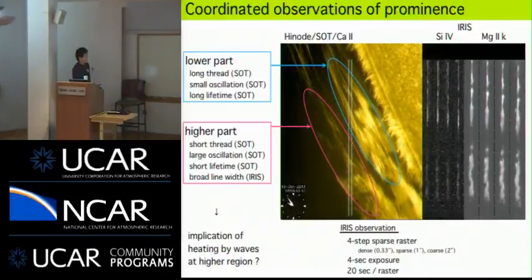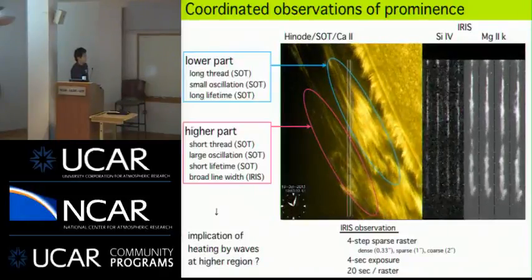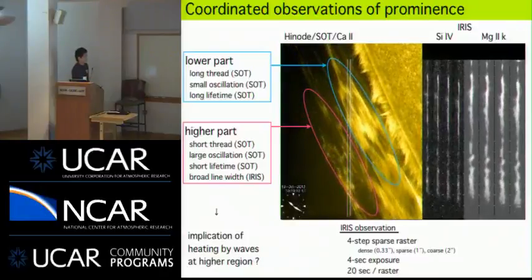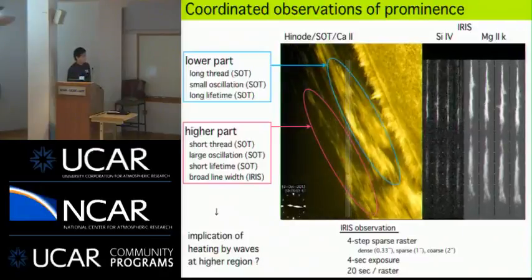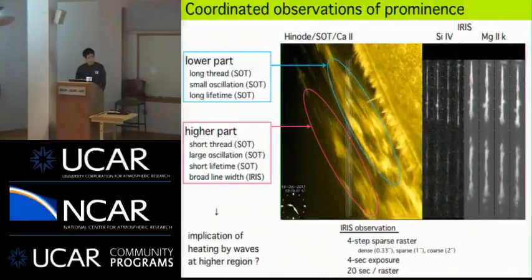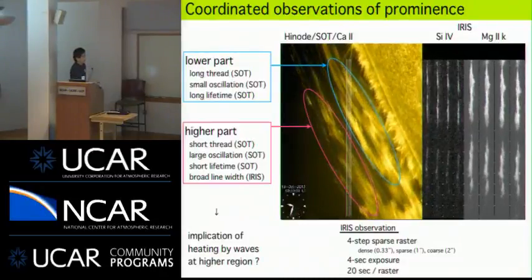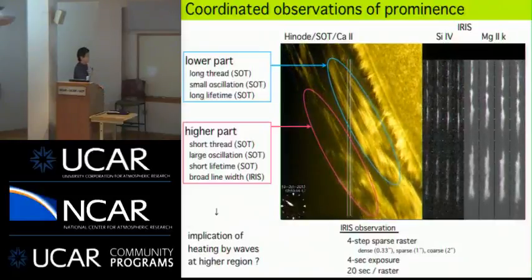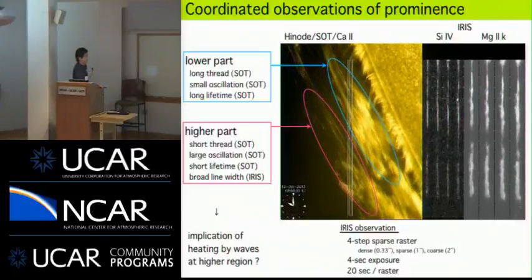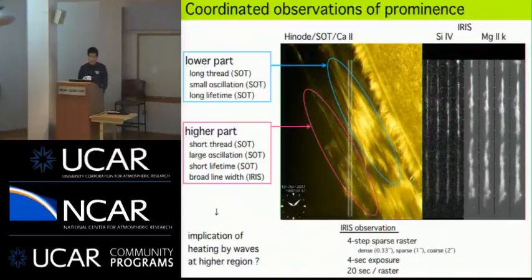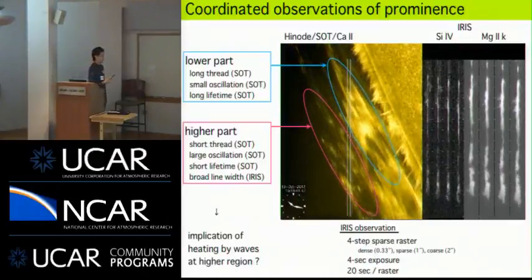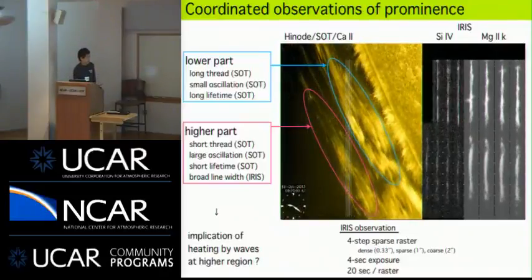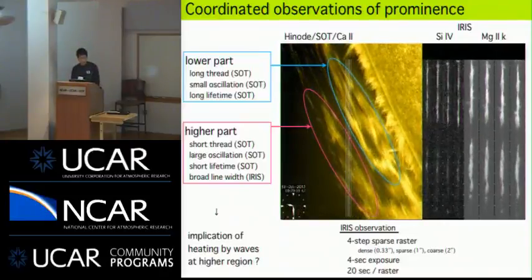recently, we have IRIS data, so we know the line width, and the upper region here has a broader line width. So from this information, we can speculate that the upper region of this prominence is strongly affected by waves, and also we can expect the heating takes place in the upper region of this prominence.